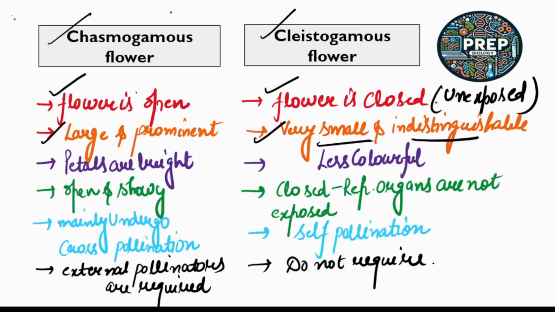Okay, the third difference is that in the chasmogamous flower the petals are mainly bright. They are very colorful in nature. The petals of the chasmogamous flower are very colorful, and in clistogamous flower they are less colorful or colorless, or white in color. So this difference is clear to you all.